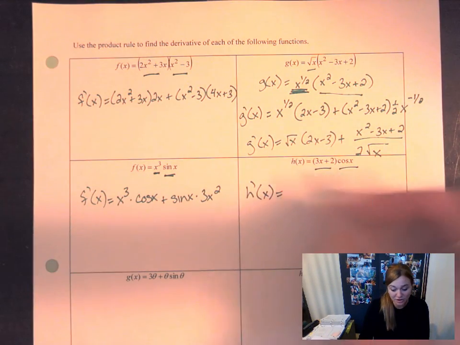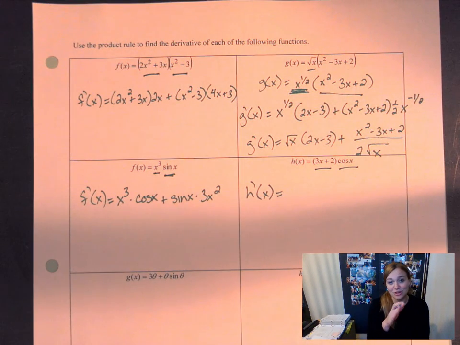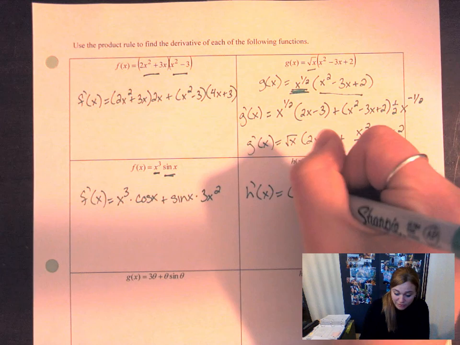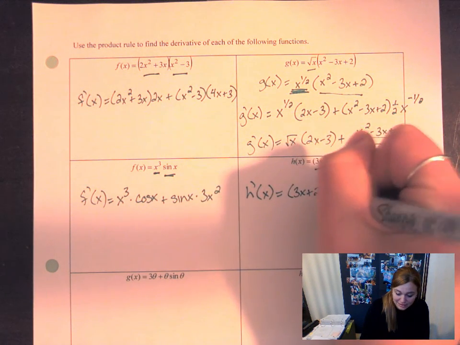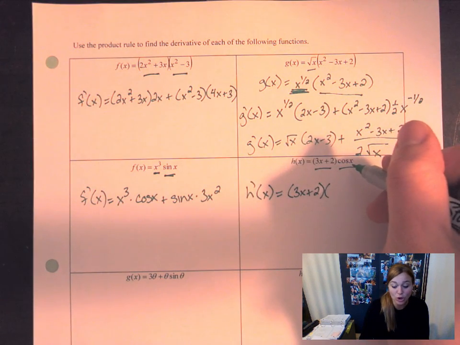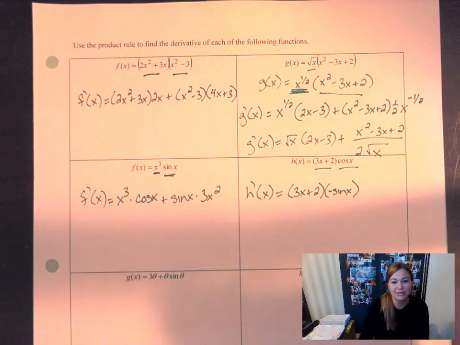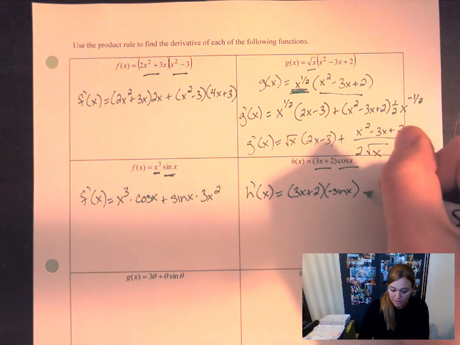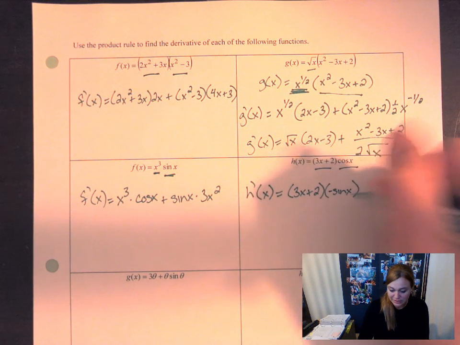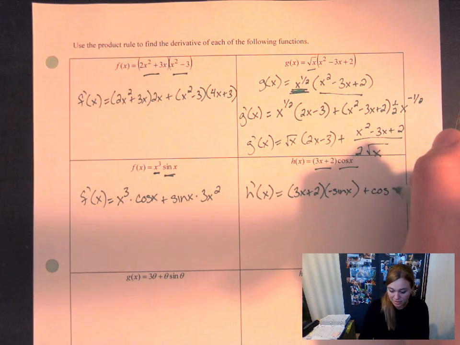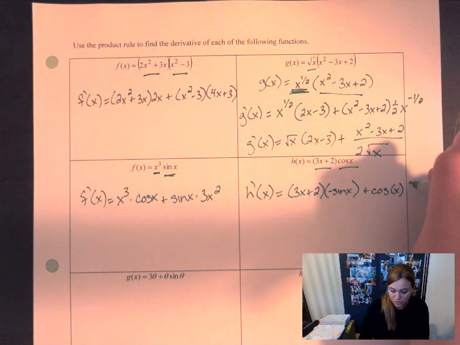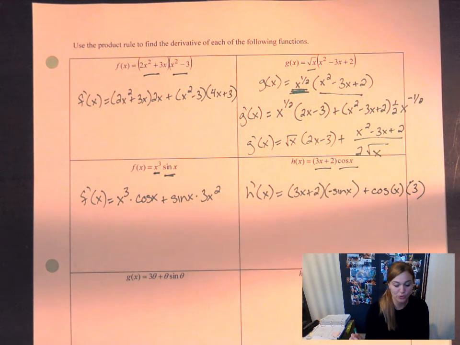So again, I would underline this, make sure that you've got a first function and then a second function. So I say first times the derivative of the second. The derivative of cosine is negative sine. Make sure that you have parentheses so it doesn't look like minus sine. So first times the derivative of the second plus the second times the derivative of the first, which is just 3.